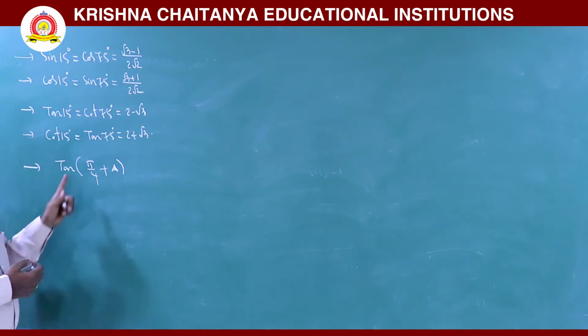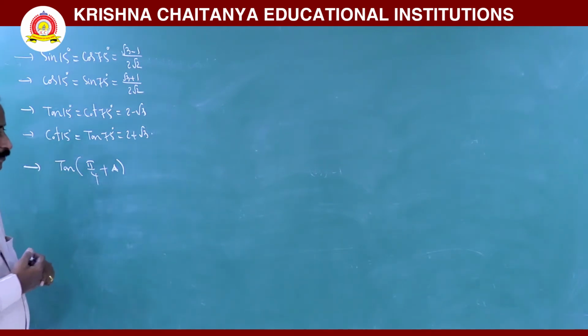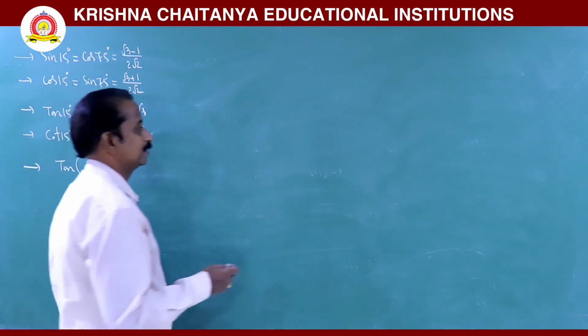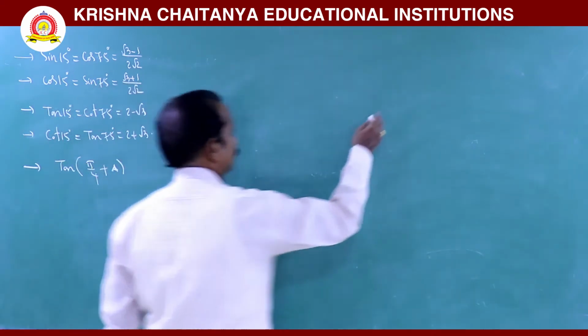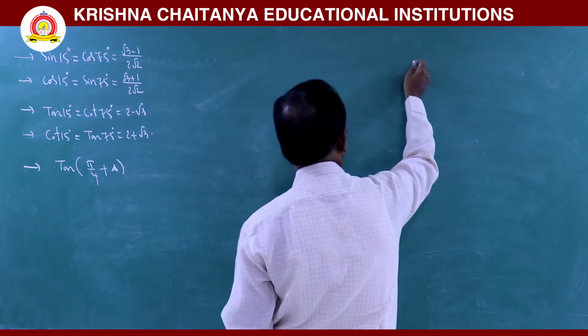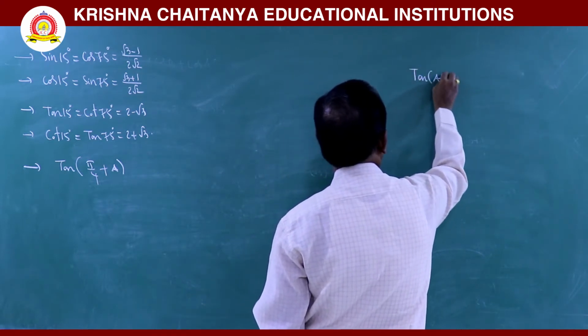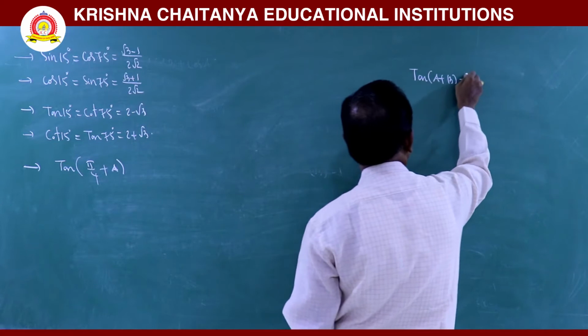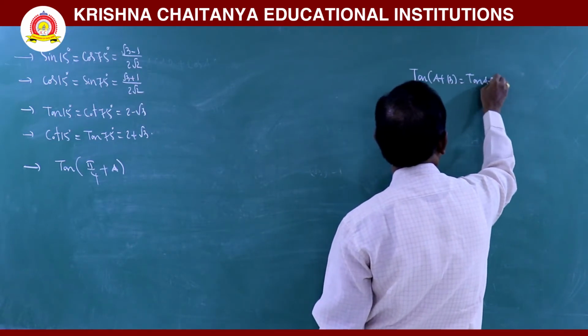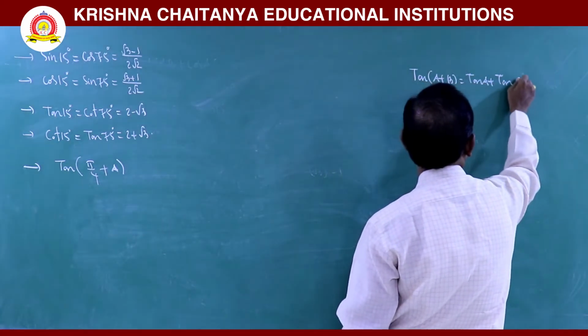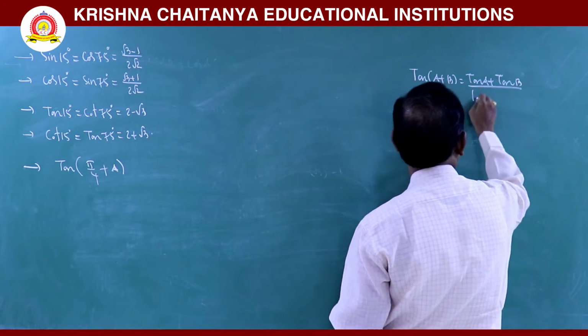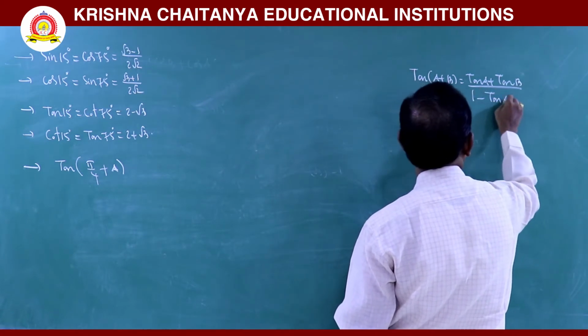So what is tan (a plus b)? Tan (a plus b) is nothing but tan a plus tan b by 1 minus tan a into tan b.